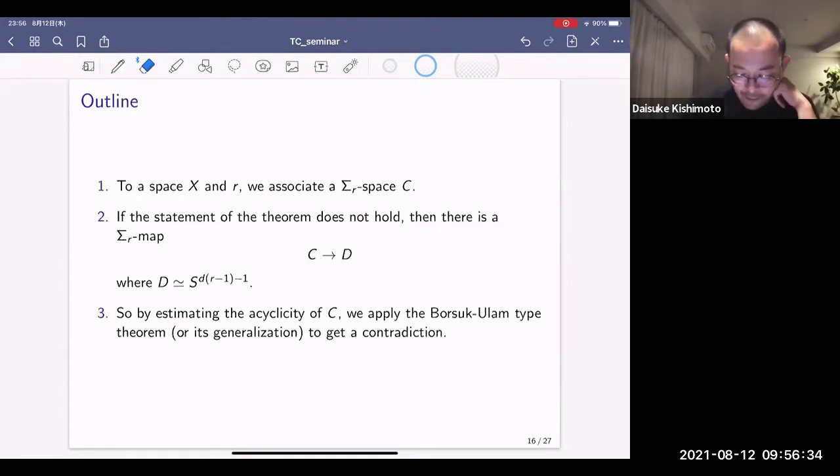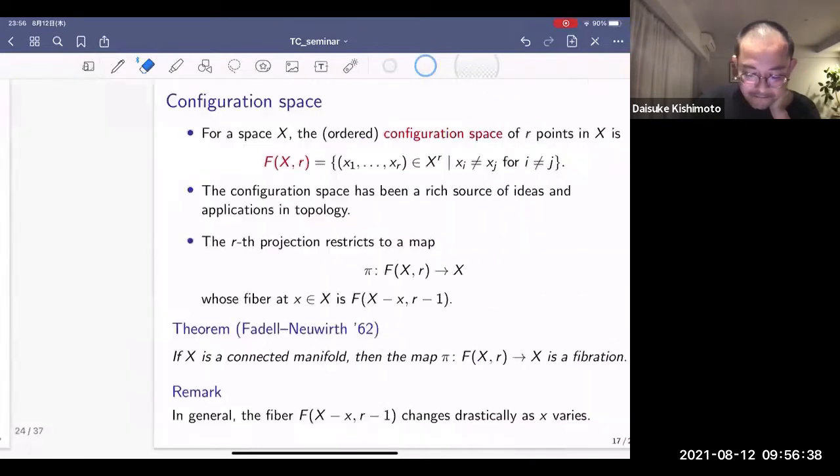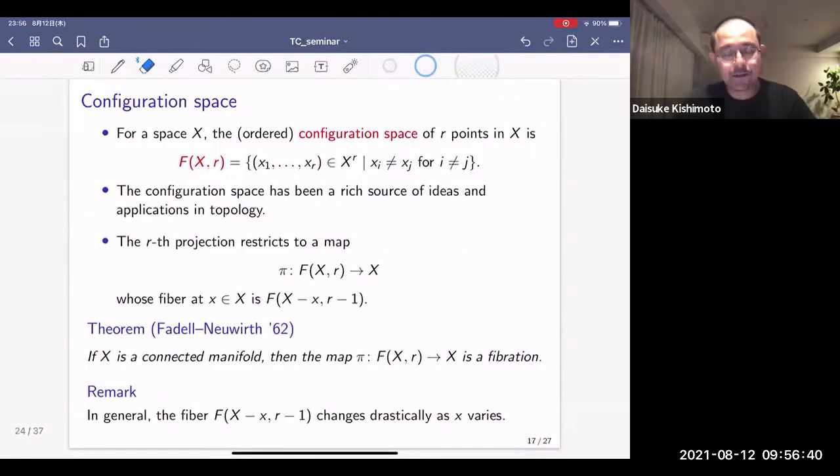Okay, so let's start with constructing a space C from a space X. It's actually a combinatorial version of the configuration space of points in a space. Let F(X, R) denote the configuration space of R points in X, ordered configuration.